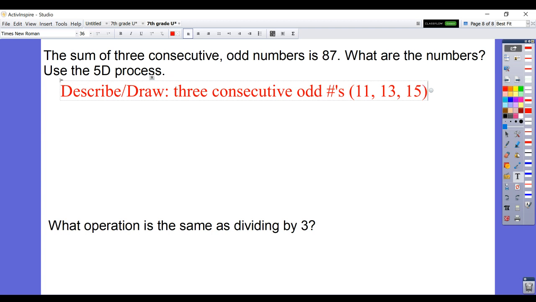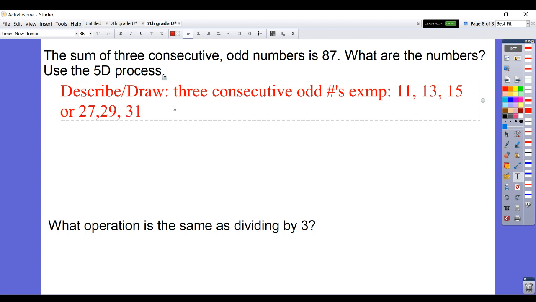Or it could be something like 27, 29, 31.